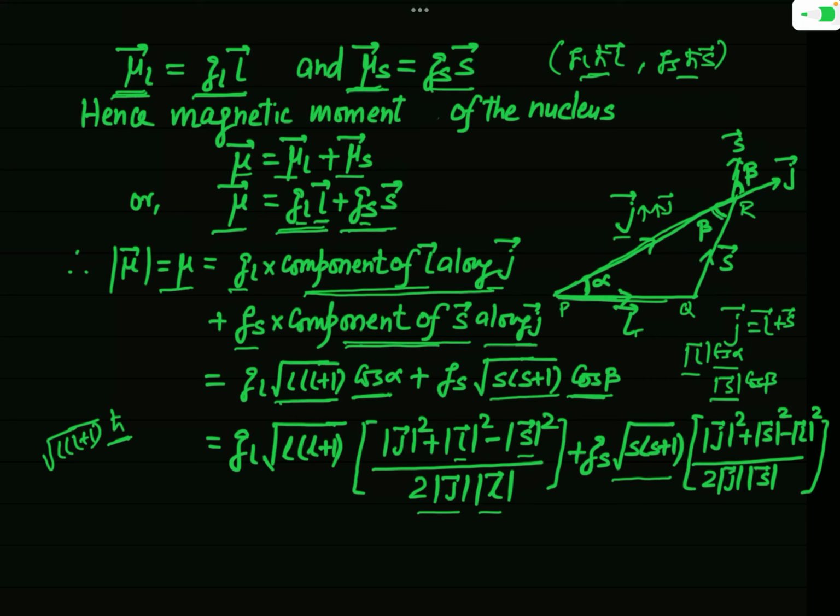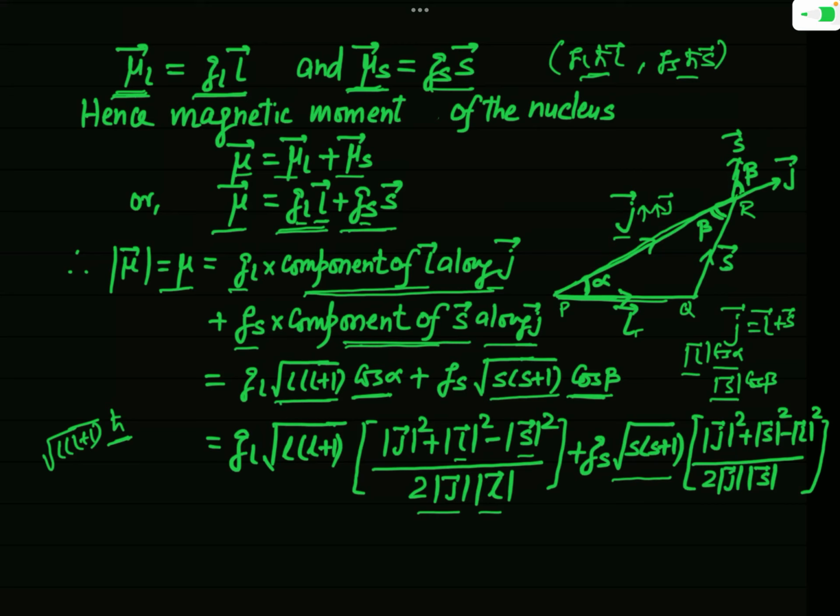Again you can see this angle is beta, so from properties of triangle cos beta will be what? This will be simply mod of J square plus mod of S square minus mod of L square over 2 times mod of J into mod of S. I hope you have an idea of this formula for finding the angle between two sides of a triangle.